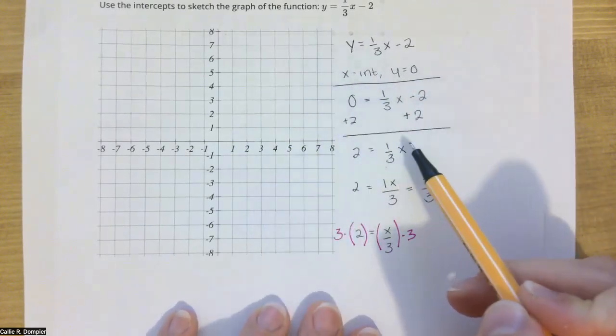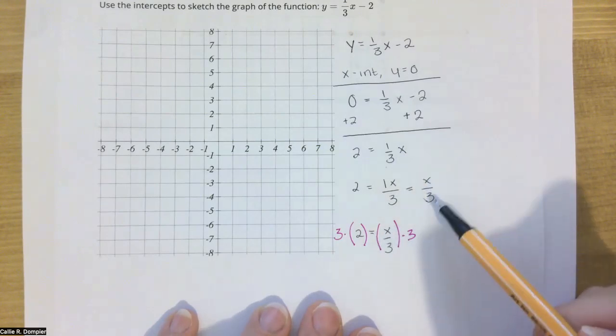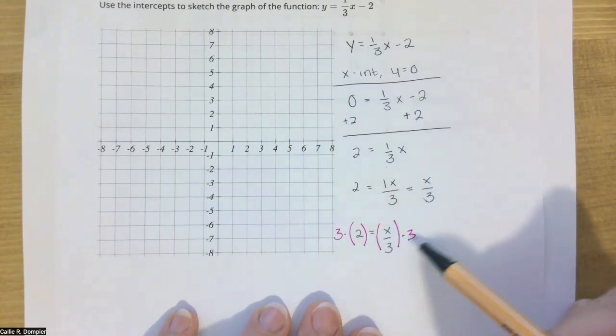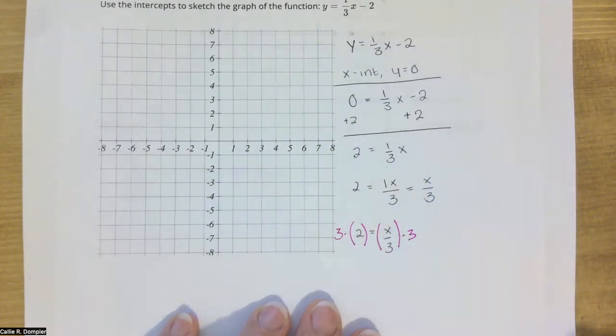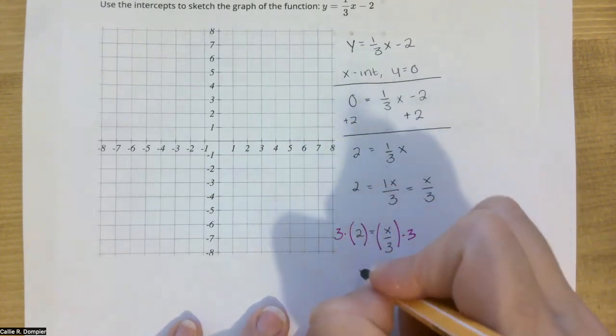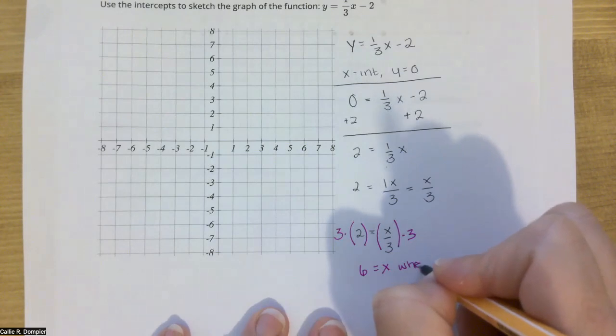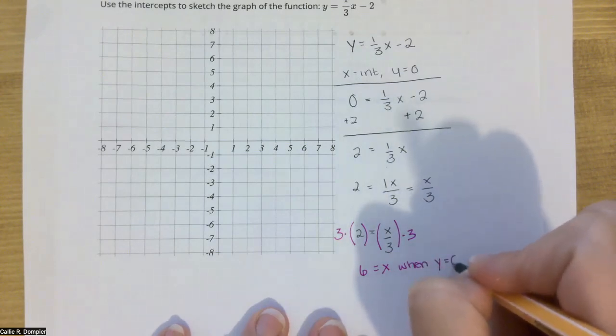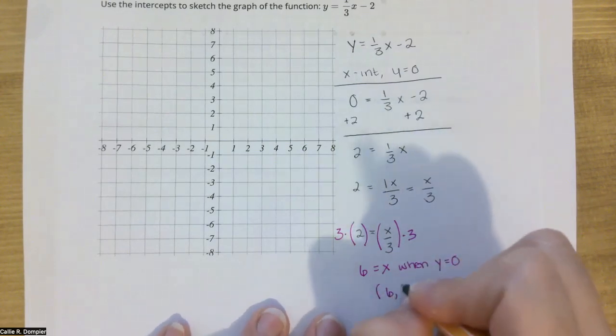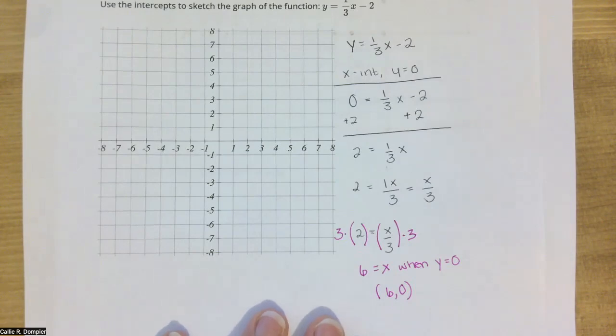Here the x is being multiplied by 1 and divided by 3. We just change it to look like that. X is being divided by 3. And then we get rid of that division by 3 by multiplying by 3. 2 times 3 is 6. x is 6 when y is 0. So that's the point 6, 0.